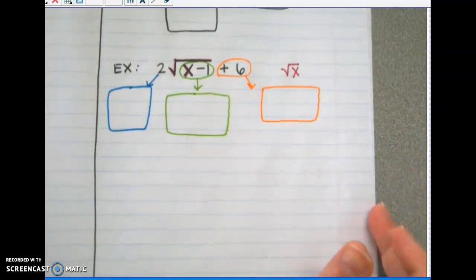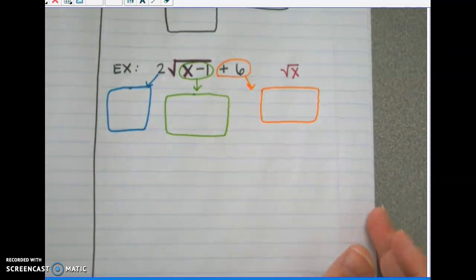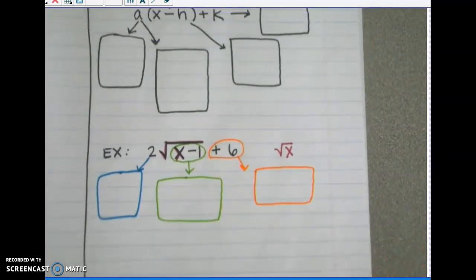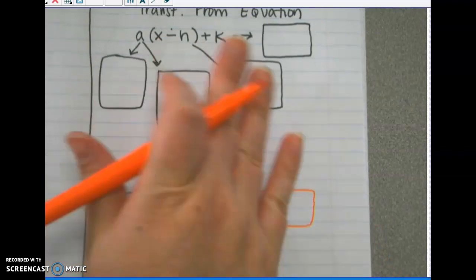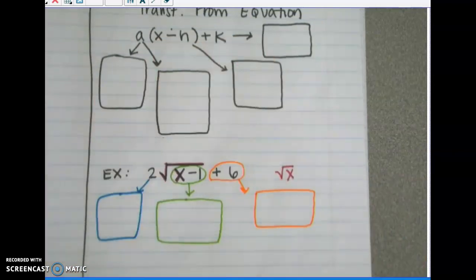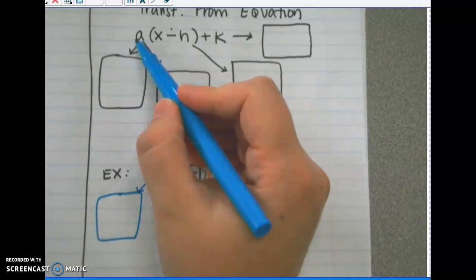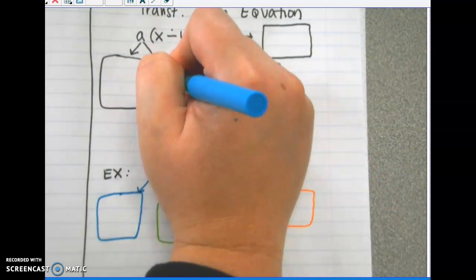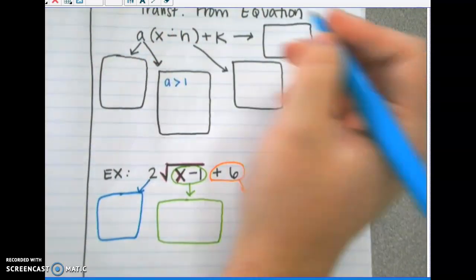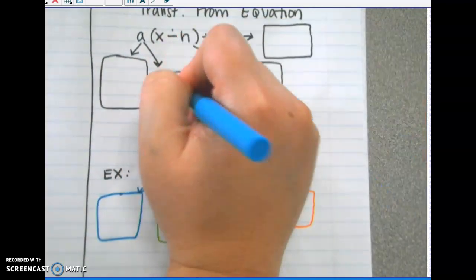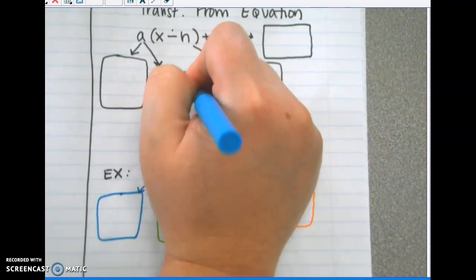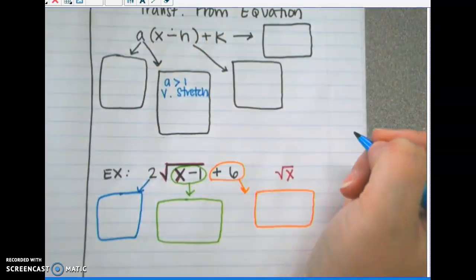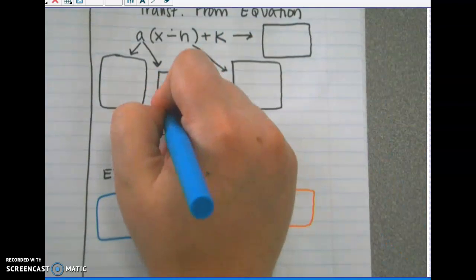So we have to figure out what those are, and it's using this investigation from the Desmos activity. So one of the things that you should have noticed about the number in front of the function, that if it's bigger than 1, it's called a vertical stretch.